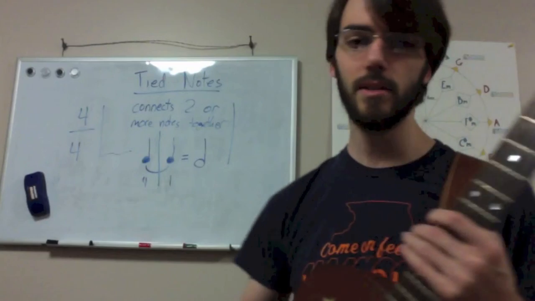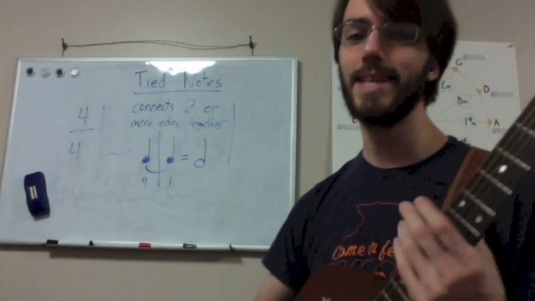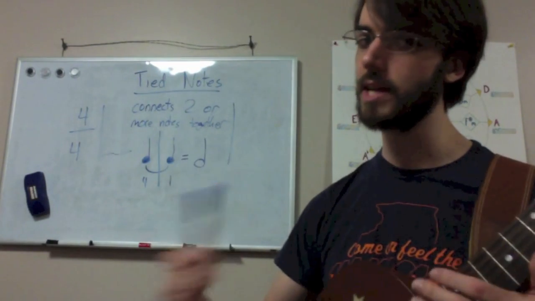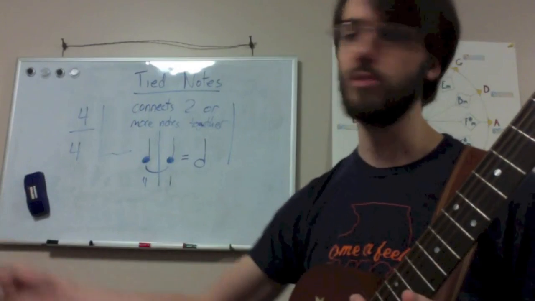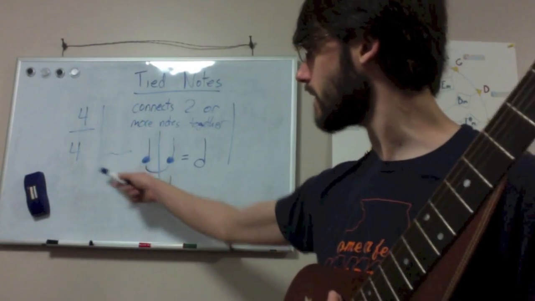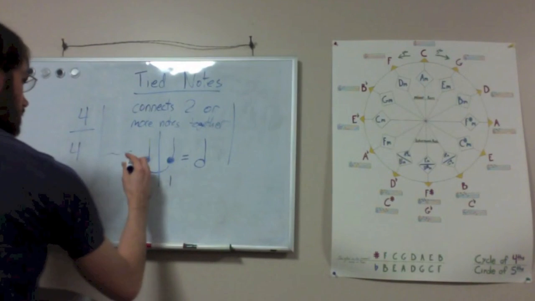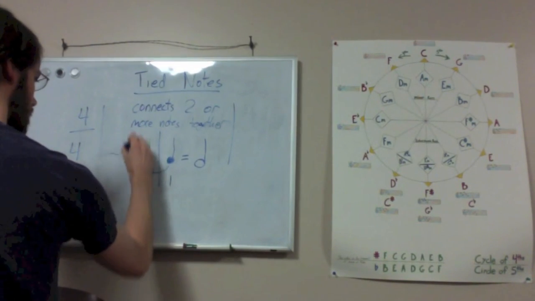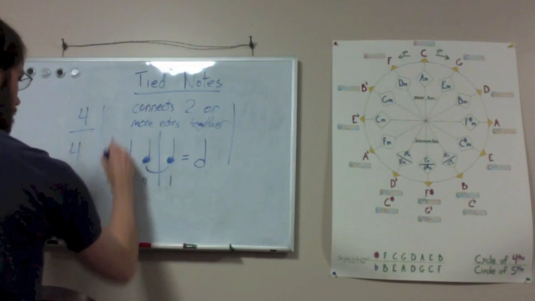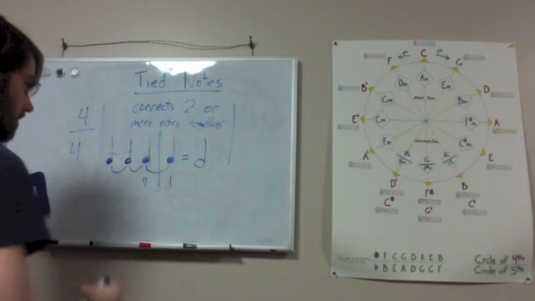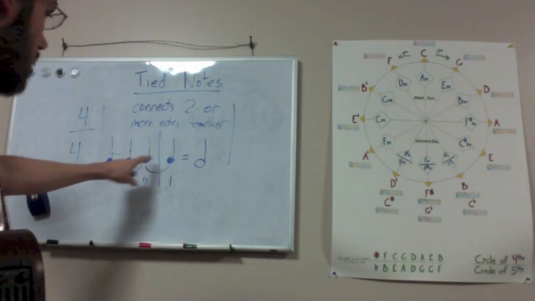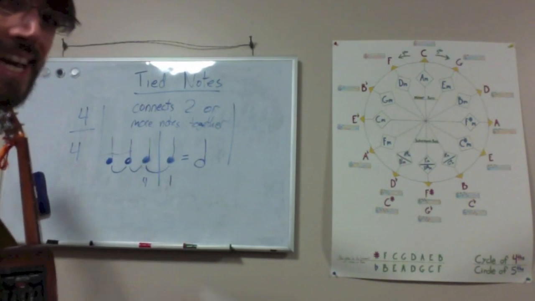Now tied notes, as I said up here, you can connect 2 or more. So you have to connect 2, but you can connect more than 2. I could add another quarter note and tie those together, and then I could have a really long note. So let's do maybe a quarter here and another quarter here and tie all of these together. So that'd be 1, 2, 3, 4 beats, and they're all connected.